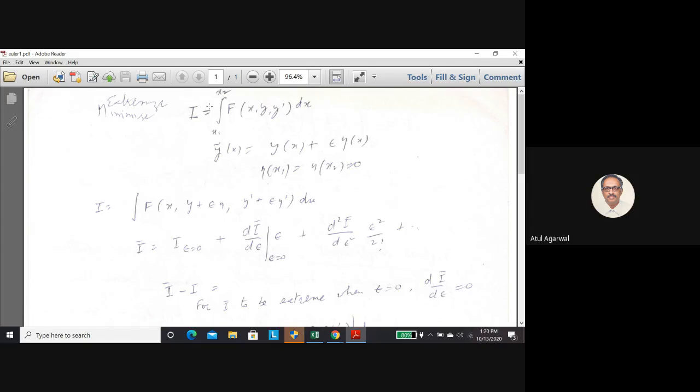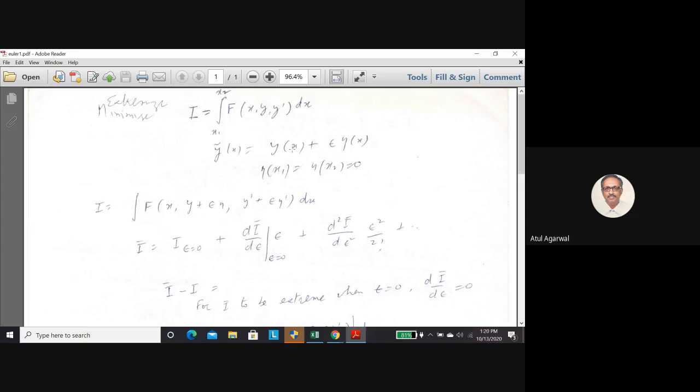How do you go about this process? So this is your actual trajectory, y(x). You can define another trajectory, which is this trajectory plus some small parameter epsilon into eta(x). Eta(x) is another function where we say that its value at these ends is 0, so that your actual function satisfies the boundary conditions.